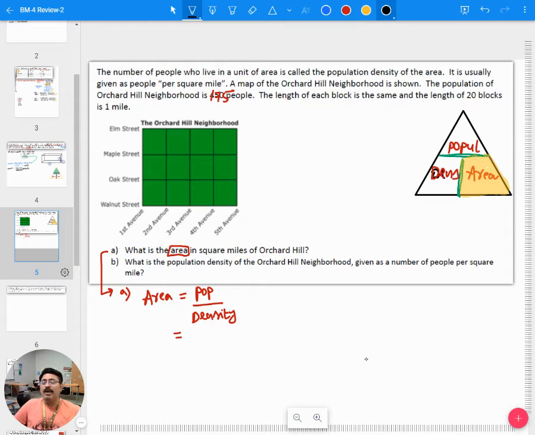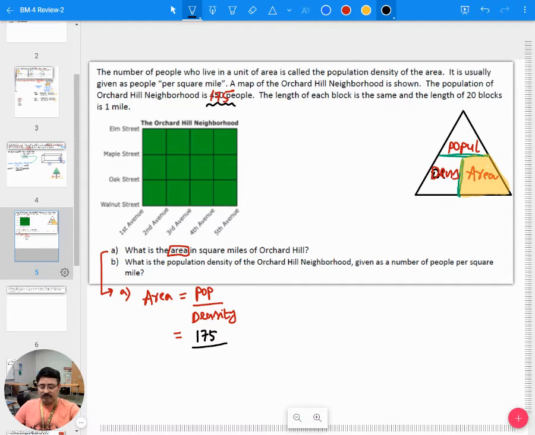My apologies, I already mentioned that here the number is changed to 175. That number goes in the place of population, or the numerator. 175 over density. Okay, so here the density, oh, the length of each block is given.